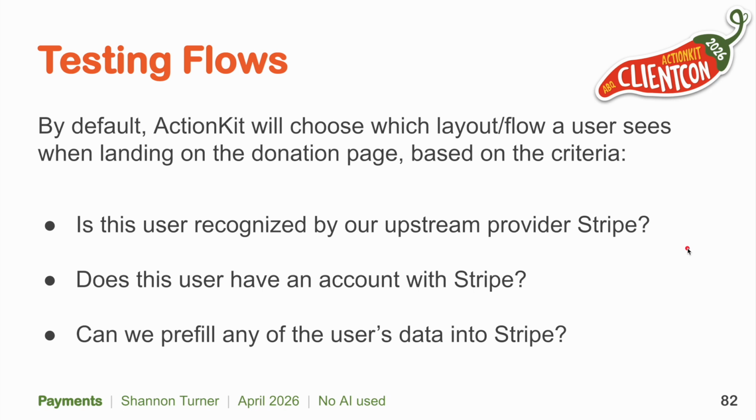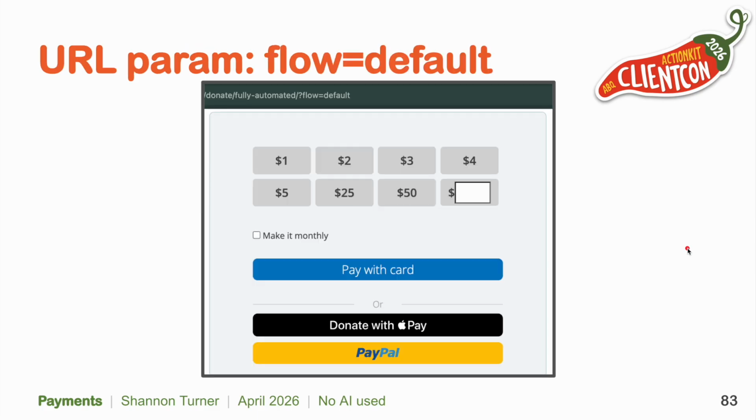So we're going to make decisions based on these questions and then show the user the most optimized flow. But if you wanted to control which flow a user sees, you can do it. This is the default flow, which is also the flow that will show if a user is not already logged into Stripe. You can use the flow equals default URL parameter to tell ActionKit to always use this flow.